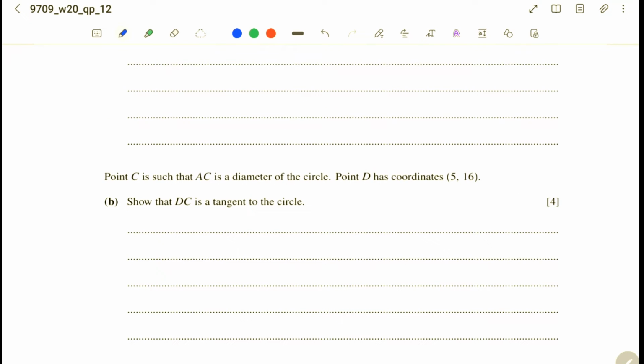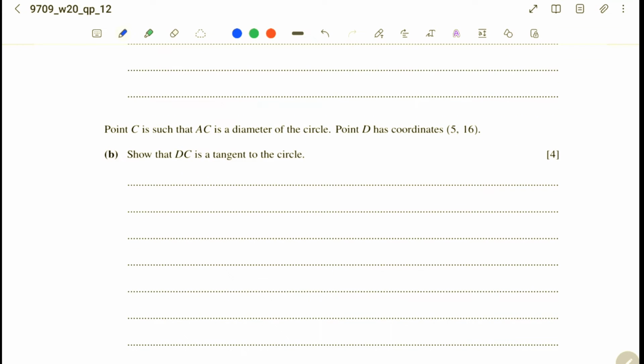So first let's calculate the distance between the center B and A. Let's take this is B, and this is A. The distance between A and B is the radius, and the same distance is between B and C.